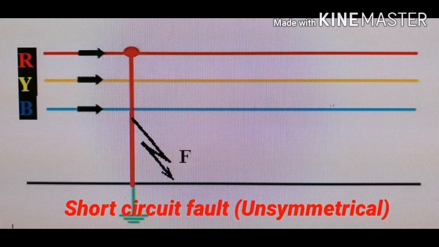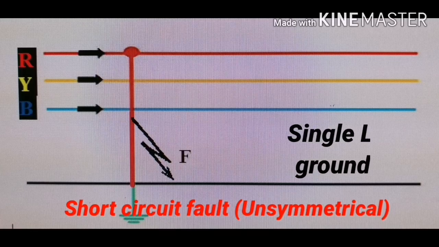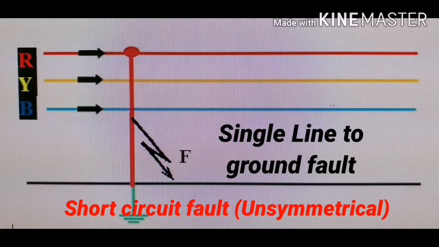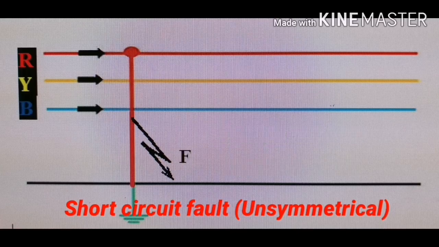In the unsymmetrical fault, the first one is single line to ground fault, as is clear from the picture: single line to ground fault occurs when one conductor falls to the ground or contacts the neutral conductor. 70 to 80% of the faults in the power system are single line to ground faults.